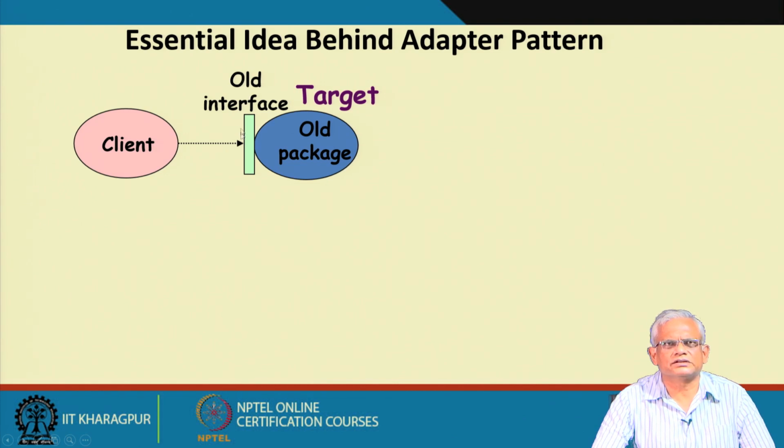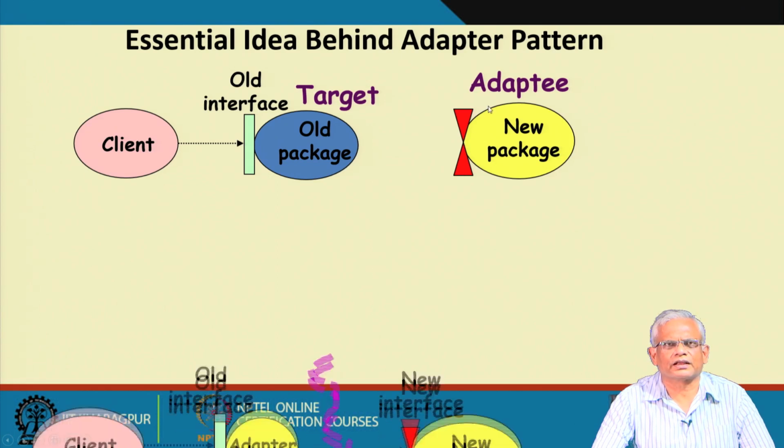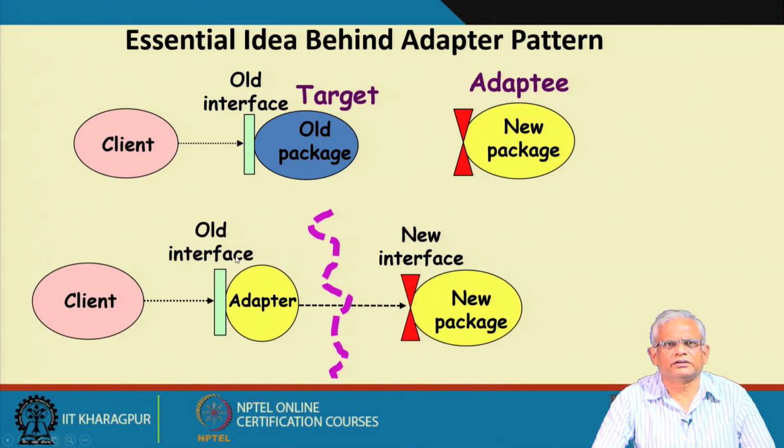The interface that the client is accustomed to, we call it the target, and then we call the new package the adaptee, and then we have the adapter, which has the old interface, the target's interface, but makes calls to the new interface.